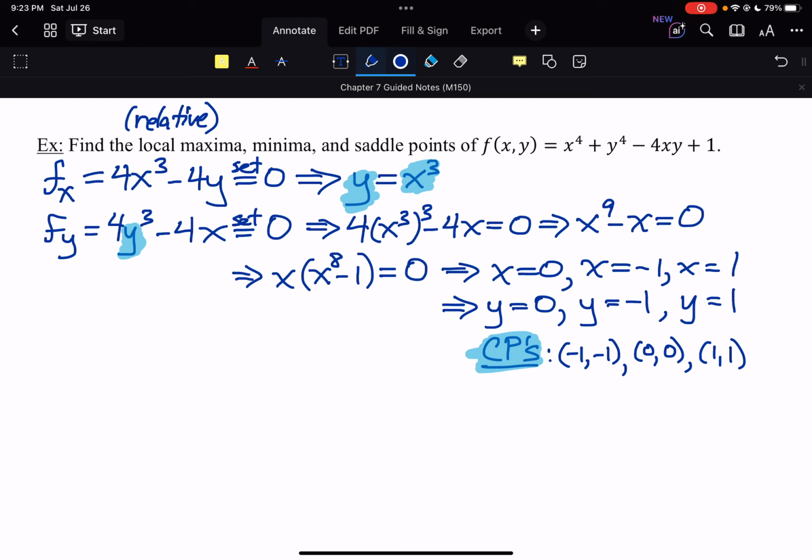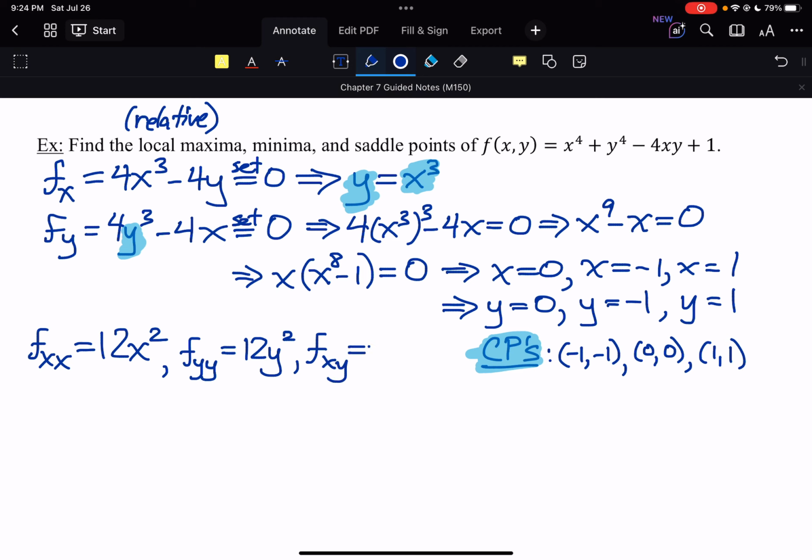Next, we need to test these critical points. So we need to get the formula for D, for that D test, that second derivative test. We need to take the second partial derivatives. So we're going to get fxx, that's going to be 12x squared. Fyy is 12y squared.